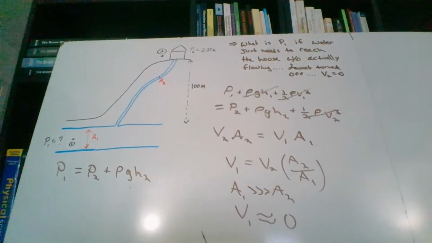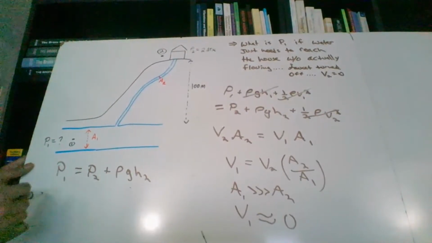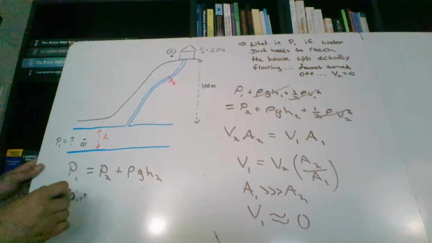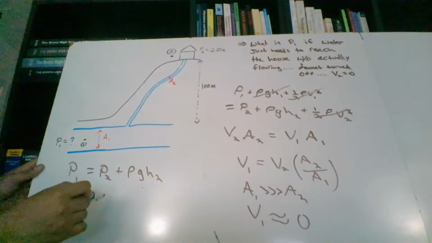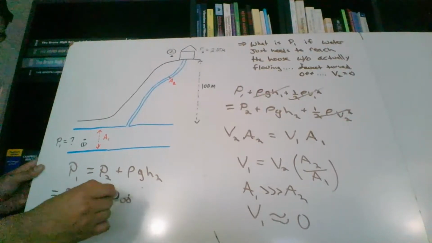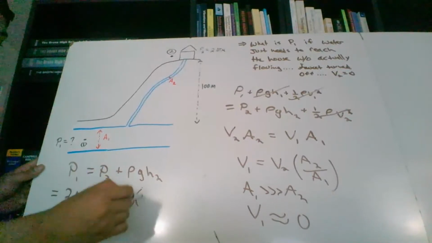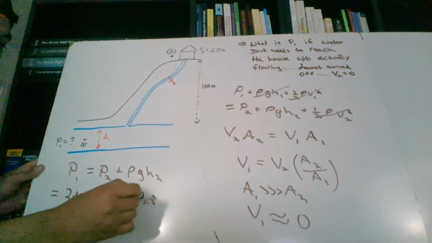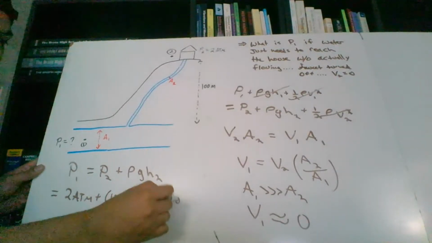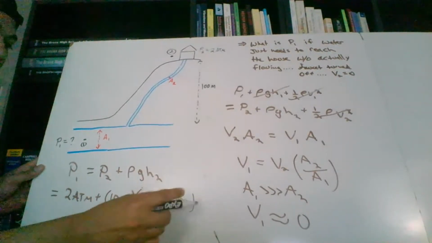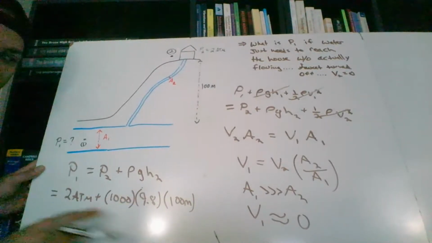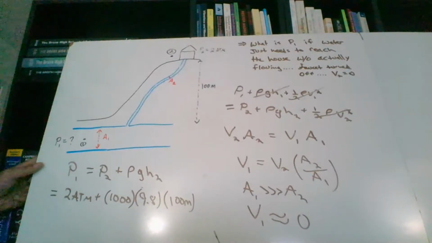So if we plug in our values here, we will get 2 atmospheres, ATM, plus rho, this is water, so it's 1,000 kilograms per meter cubed, multiplied by gravity, which is 9.8 meters per second squared, multiplied by the height, which is 100 meters. And finally, this is in ATM, atmospheric units, so we need this term in atmospheric units.